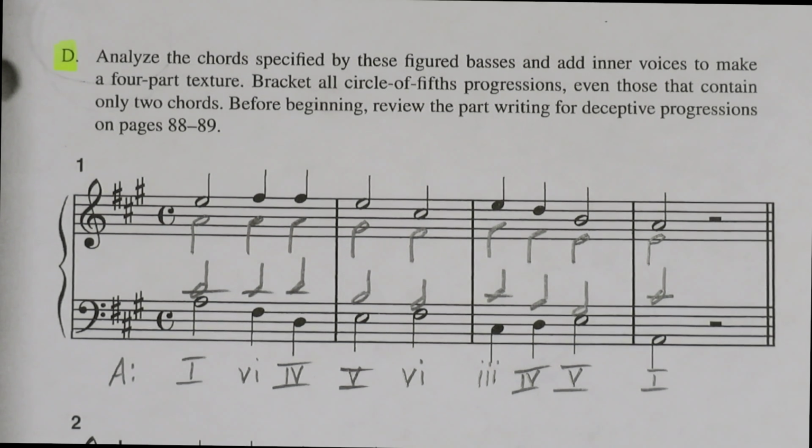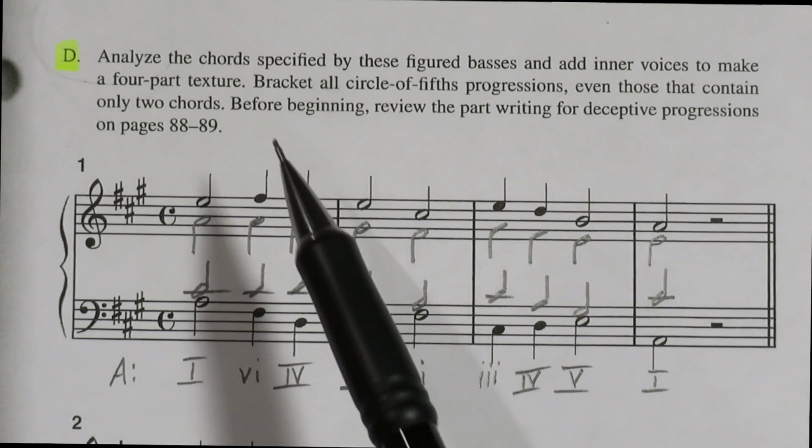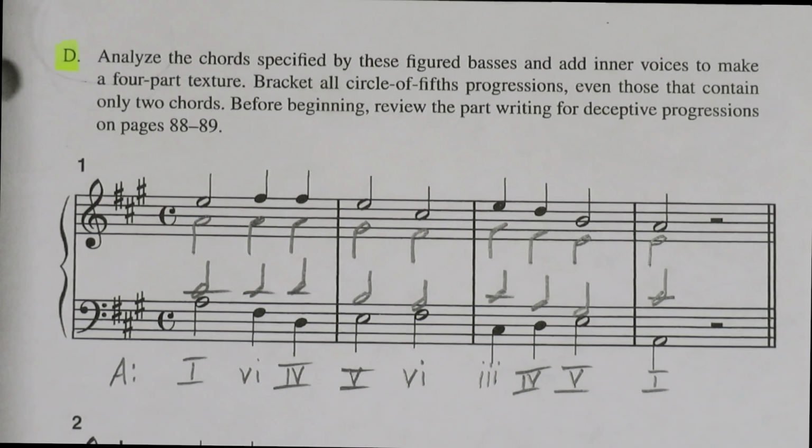Now let's see if there's anywhere that doesn't conform to the harmonic progression. Or actually, let's bracket the circle of fifths progression. Okay. And that can be between any two chords.